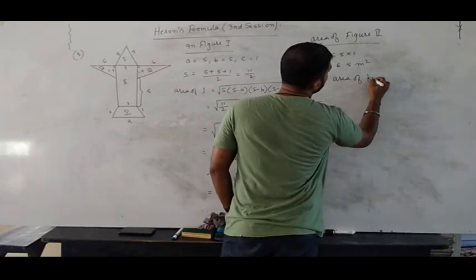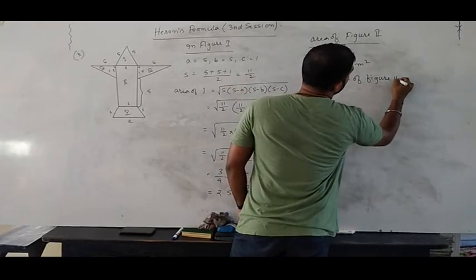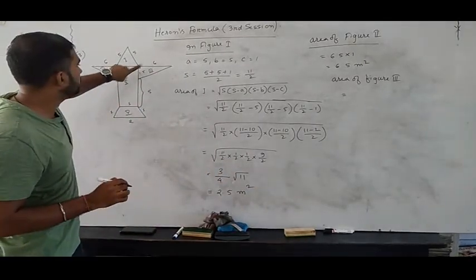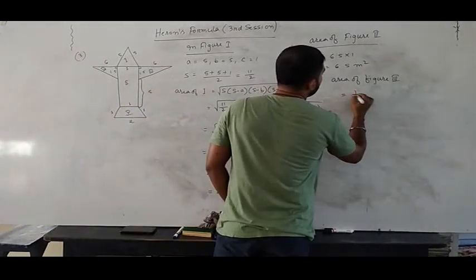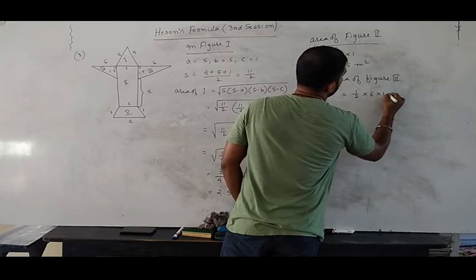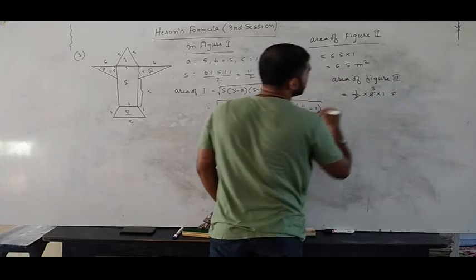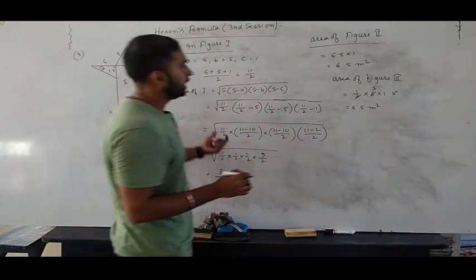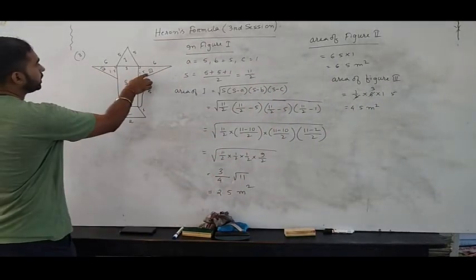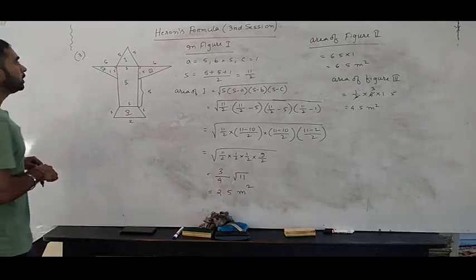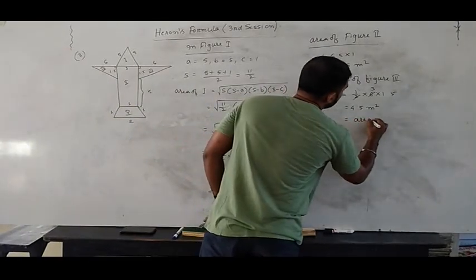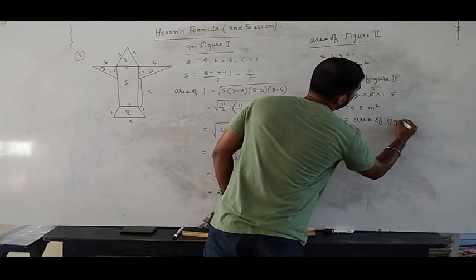It is a right angle triangle, so half into base into height. Half into 6 into 1.5, that is 4.5 square meter. Now as I already mentioned, area of figure 3 and area of figure 4 will be same. So this is the area of figure 4 also.